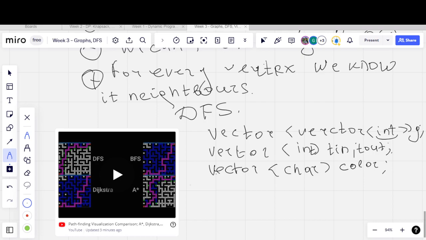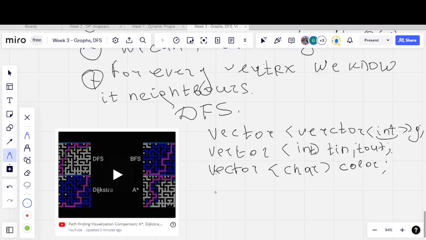We will have only three colors: white, gray, and black. A vertex is white if it's not visited yet. A vertex is gray if it is being visited now, and a vertex will be black if it was visited.